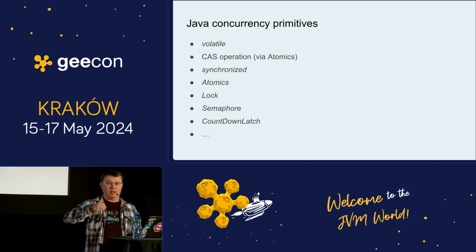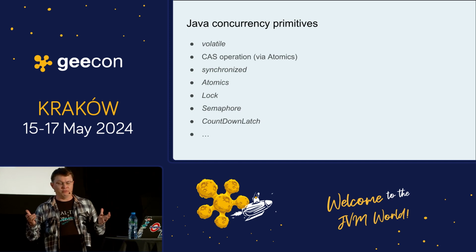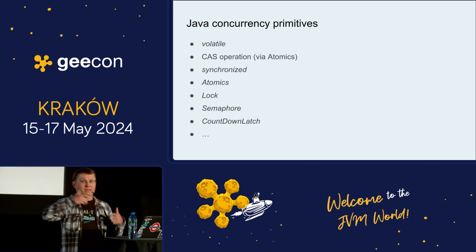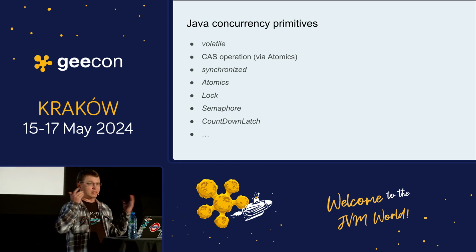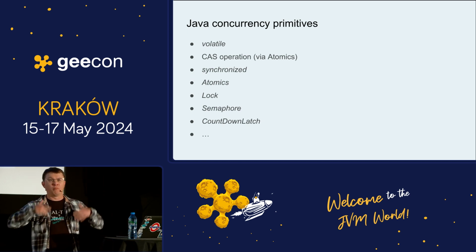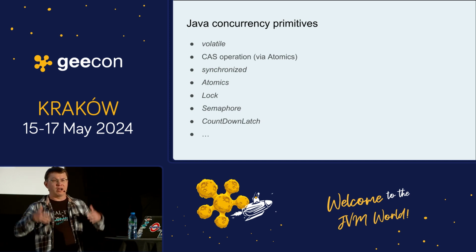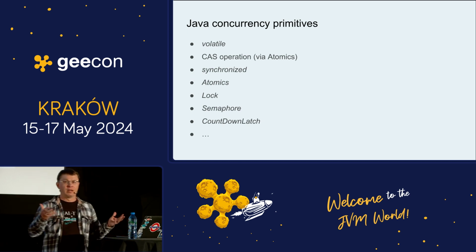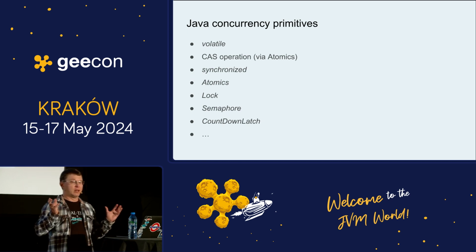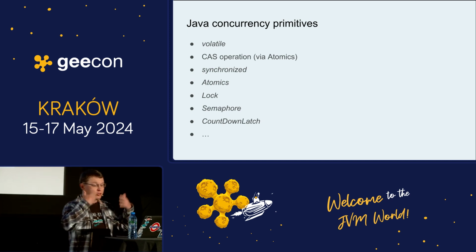But in a distributed world, in a world of microservices, there are different cases where your microservices would like to access or modify some shared state concurrently in a distributed way.